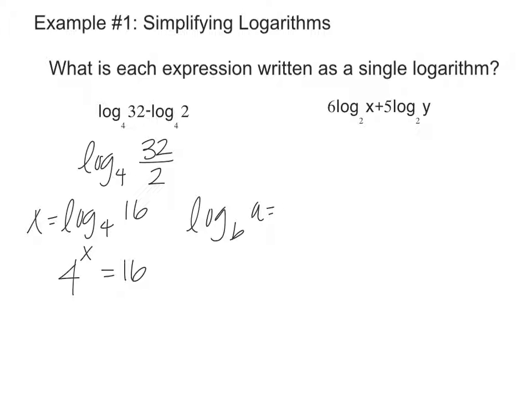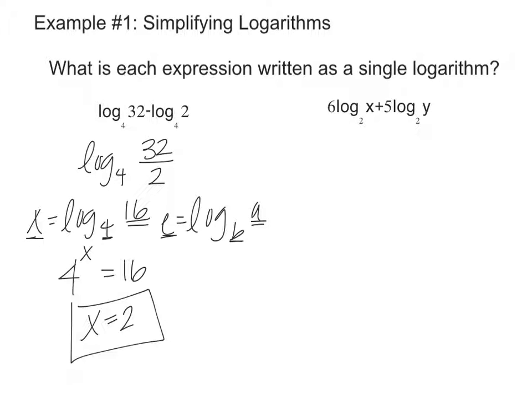Really I should put the exponent on the other side so that you can see it better. So that's how we got 4, which is the base, raised to the x power, that's the exponent, and the x is equal to the answer, which is 16. So we're asking ourselves 4 to what power equals 16, and our answer is going to be 2.